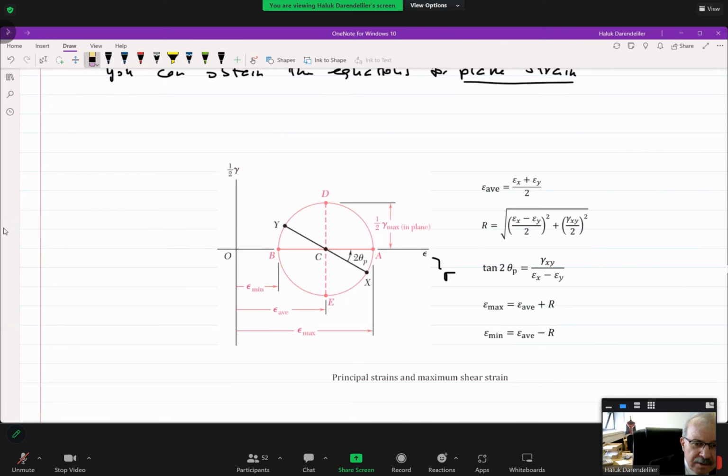All are the same then. You can use all these equations as you use in plane stress. So all the equations that you have learned in plane stress can be converted to plane strain just by replacing sigma with epsilon, tau with gamma over 2. What you get is the same.